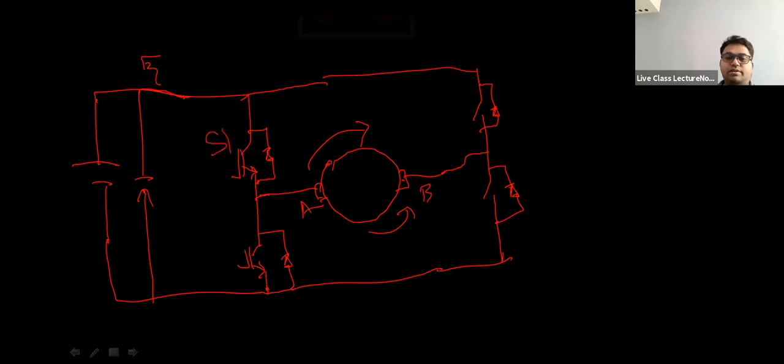See, if I operate S1 and S2, I am having the operation of the motor controlled in the clockwise direction, right? Now I want to go counterclockwise direction, CCW, right? So what do I do? I just flip over the chopper onto the next side.